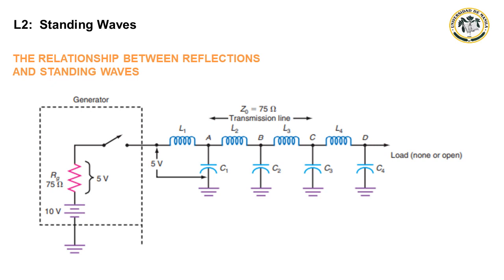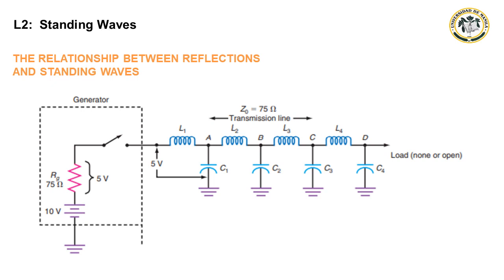Capacitor C1 initially acts as a short circuit when the switch is closed, but soon begins to charge toward the battery voltage through L1. As soon as the voltage at point A begins to rise, it applies a voltage to the next section of the transmission line, made up of C2 and L2. Therefore, C2 begins to charge through L2. This process continues on down the line until C4 charges through L4 and so on.